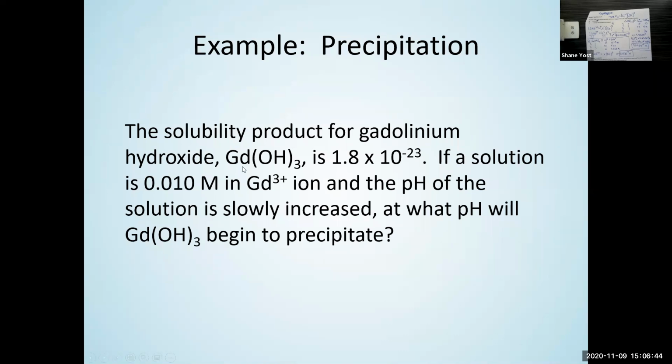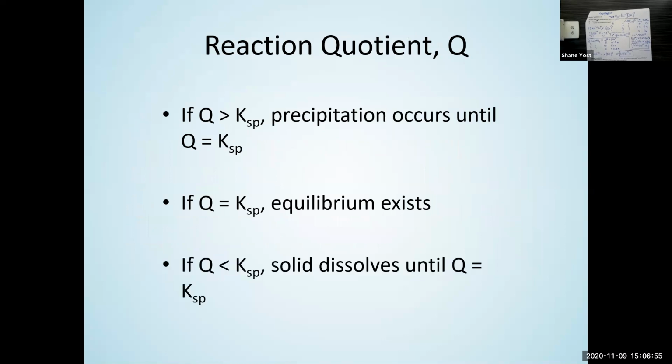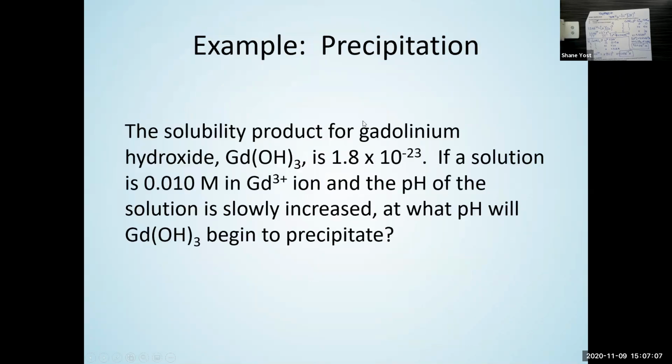So that is going to define the largest concentration of OH minus ions I can have in solution, which will then determine the pH. Because any concentration above that, above what gives me the equilibrium constant, I'm going to form solids, because then Q will be greater than K. And so this question basically is what is the pH that gets you at equilibrium, and any pH greater than that will start forming solids. Okay.